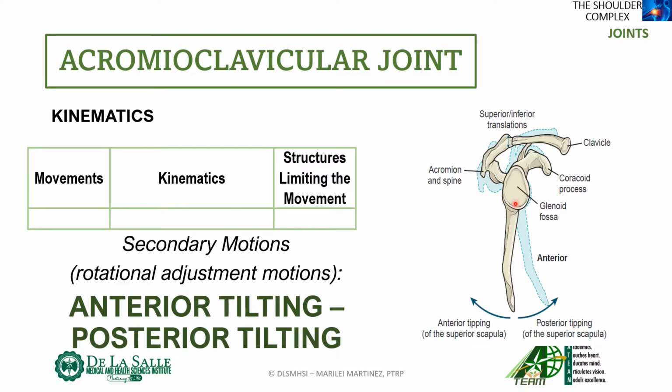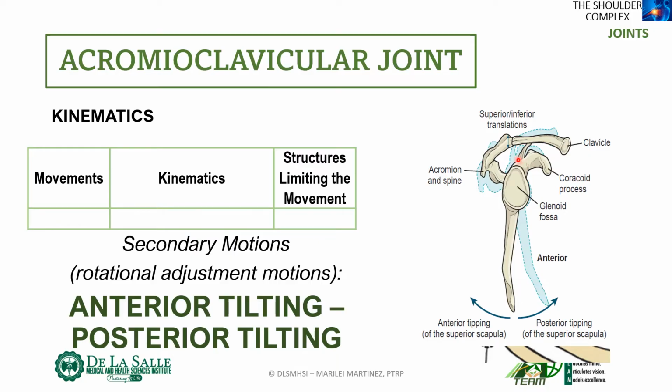When we say anterior tipping or anterior tilting, look at the glenoid fossa as basis. If the glenoid fossa tilts anteriorly, therefore, the inferior angle of the scapula will tilt posteriorly. That is anterior tilting. Again, our reference will be the glenoid fossa, just like the internal rotation and external rotation of the scapula at the acromioclavicular joint.